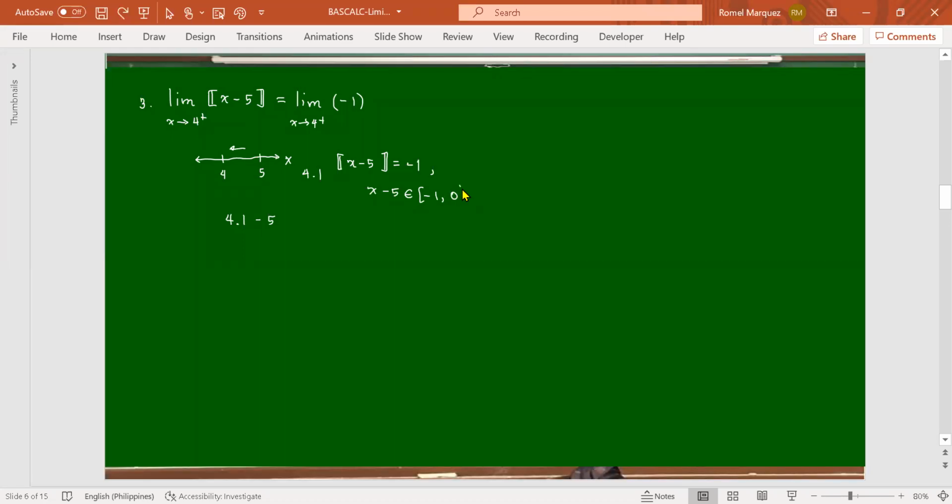Okay? Yan. At yung x is between 4 and 5. Pero ang x minus 5 is element of this. So this is always negative 1. Okay, guys? Tama ba? Tama. Ano bang nasa right ng negative 1? Negative 0.9, no? Okay. Yes po, tama po.